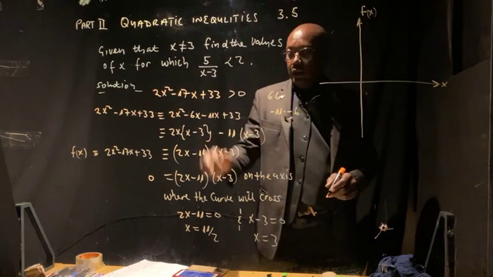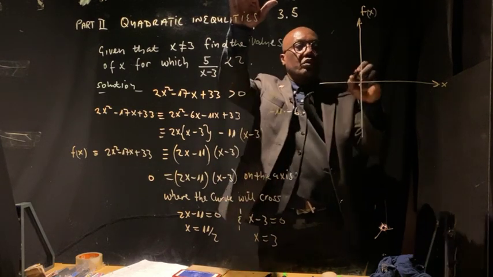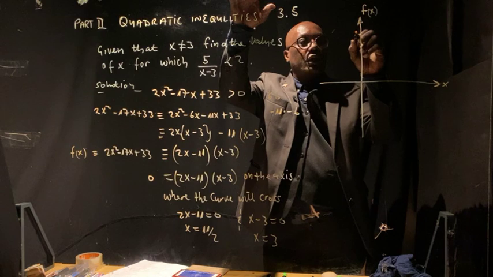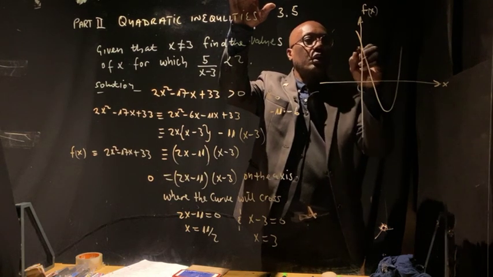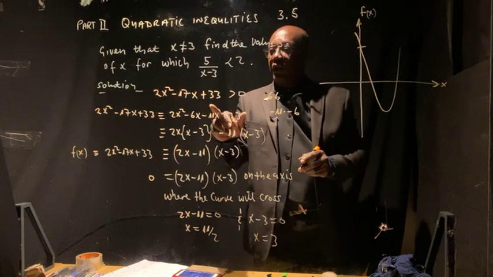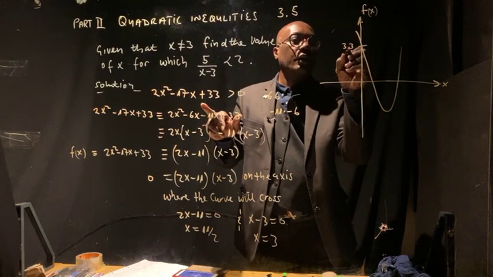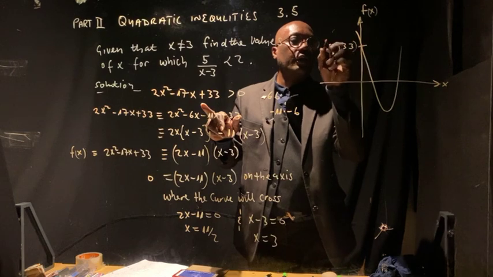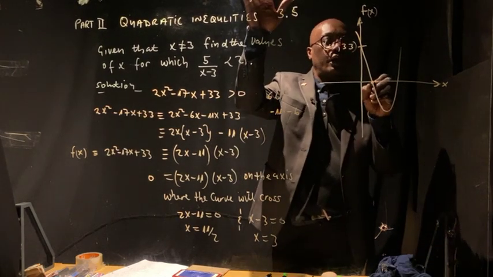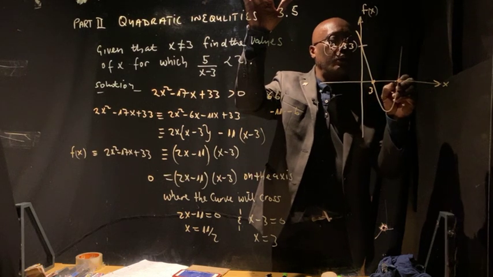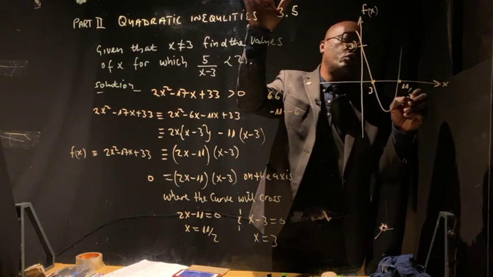Good. x equals 3 and x equals 11 over 2. So the curve will be something like this. Here will be the plus 33. And here will be x equals 3. And here will be x equals 11 over 2.